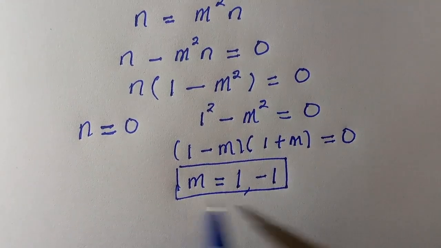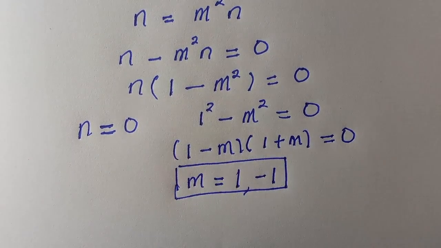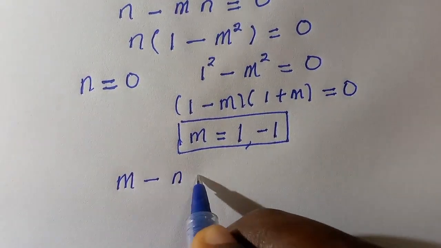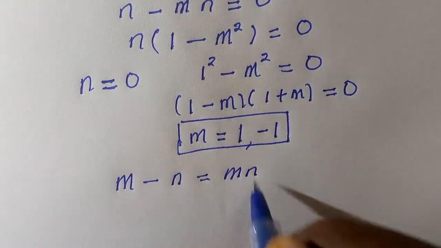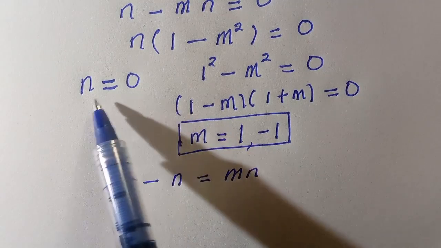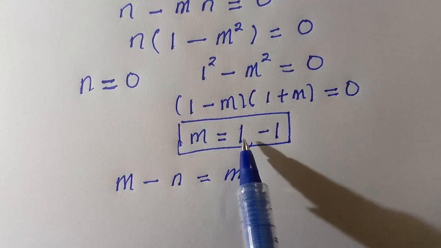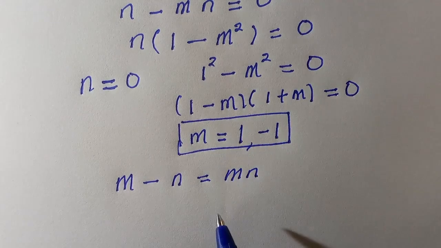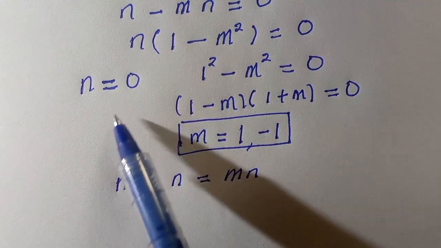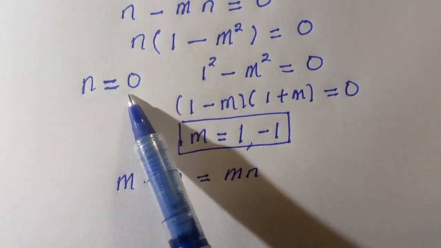But does that give the solutions? We need to verify. So from equation 1, which says m minus n equals mn, suppose I plug in the value of n here, which equals 0, and when m equals 1. The equation is not going to make any sense, because n equals 0 is not valid at this stage.